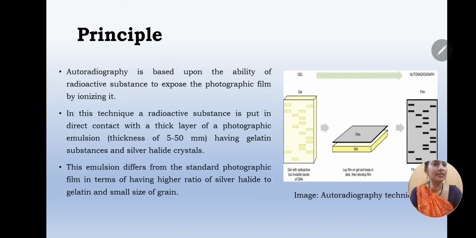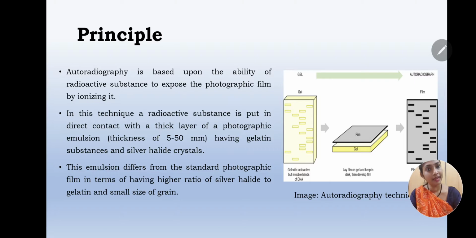This technique is based upon the ability of radioactive substance to expose photographic film by ionizing the photographic film. In this technique, a radioactive substance is put in direct contact with a thick layer of photographic emulsion.